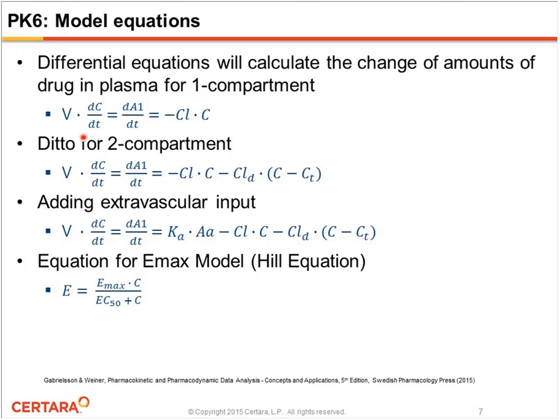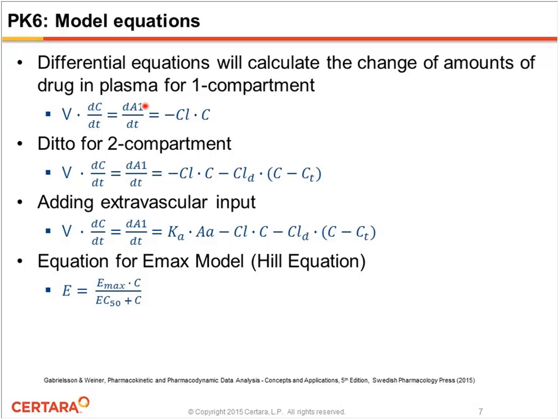So we can say that the change of concentration by time multiplied by the volume equals the change of the amount by time, and that is the equation minus clearance times C. So the amount gets smaller over time.